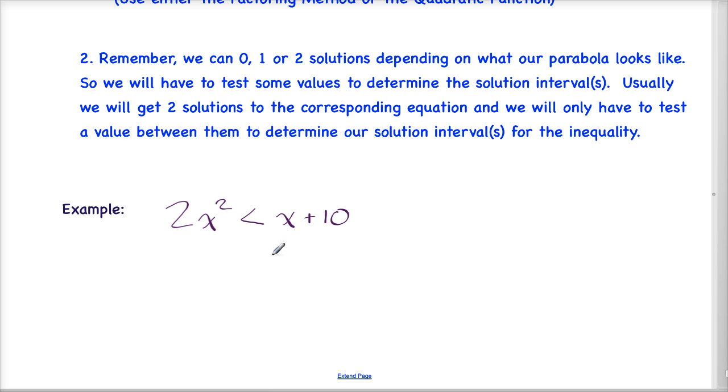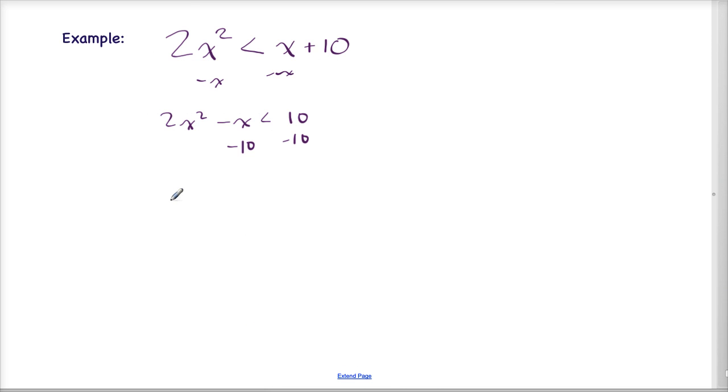So let's move some things over. If I subtract x from both sides, I'd get 2x squared minus x is less than 10. Then let's subtract 10 from both sides, and we'll be left with 2x squared minus x minus 10 is less than 0. Okay, so solve the corresponding equation.